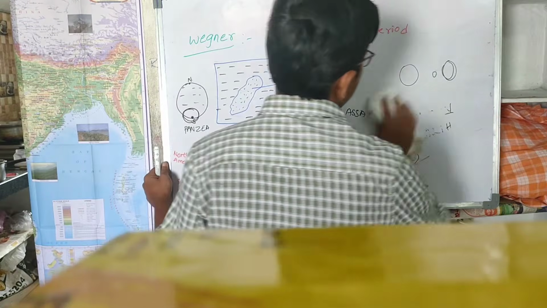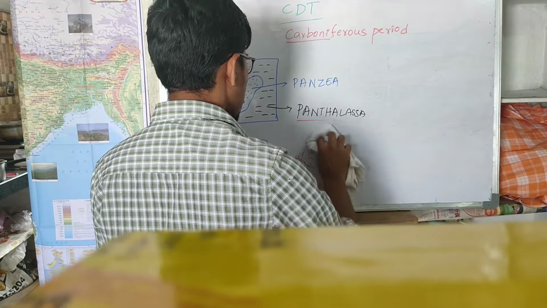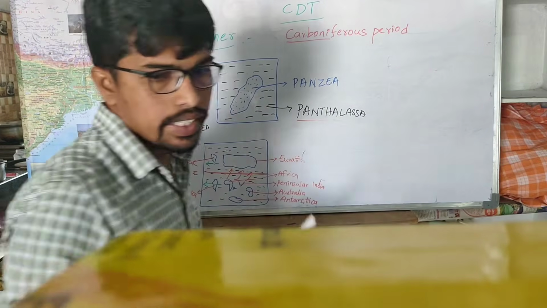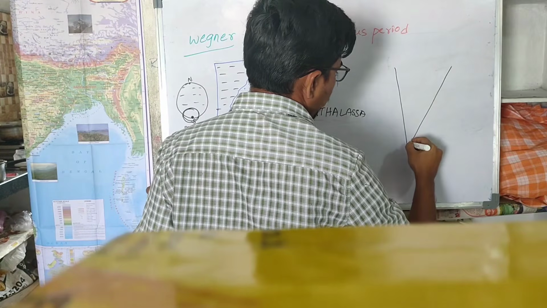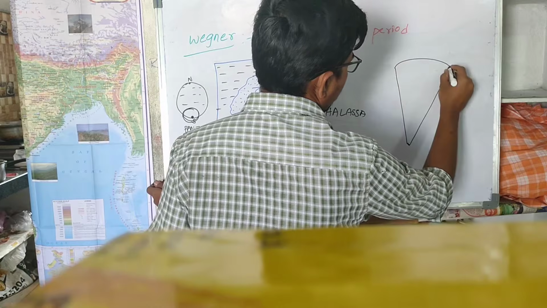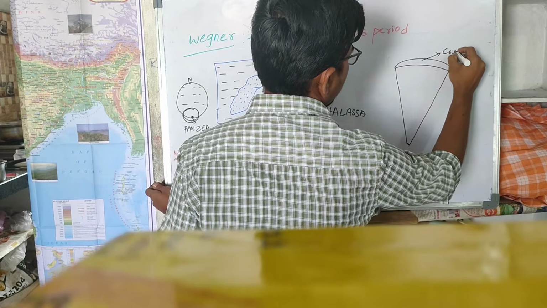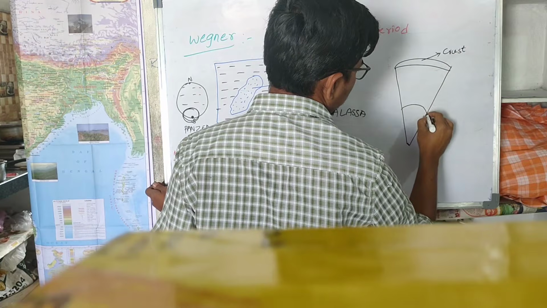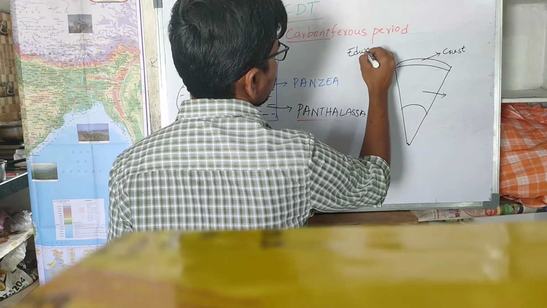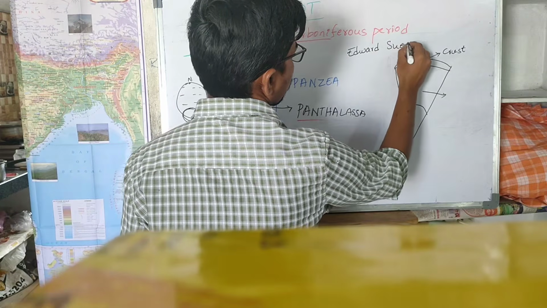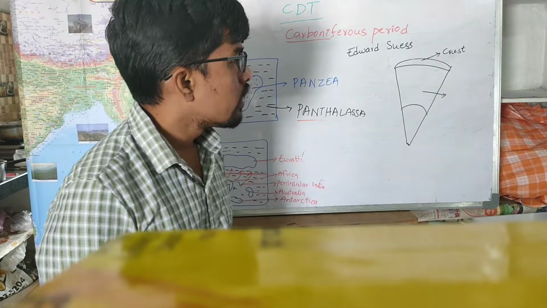So why are these drifting? Again, Wagner says a phenomenon which is based on Edward Suess. Edward Suess explains the interior of the earth. According to Edward Suess, there are three layers in the earth's interior.